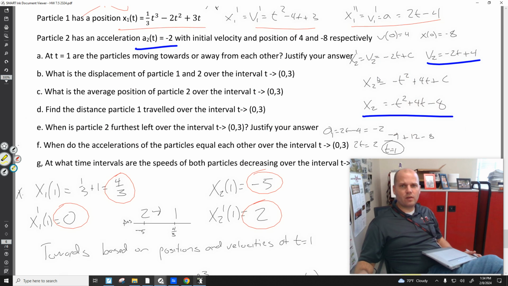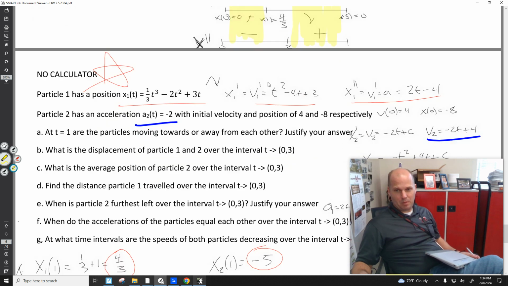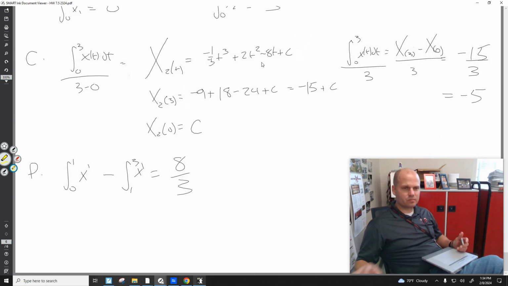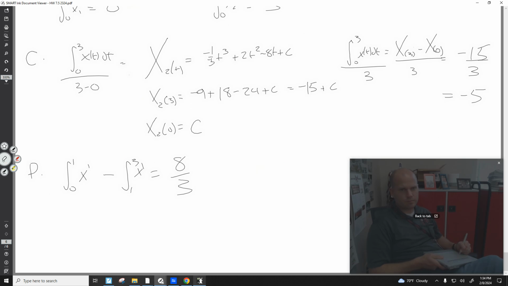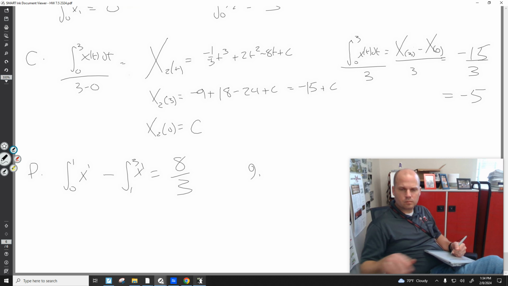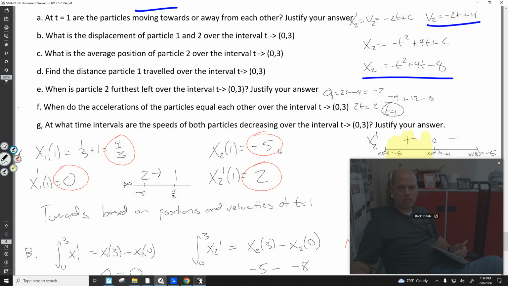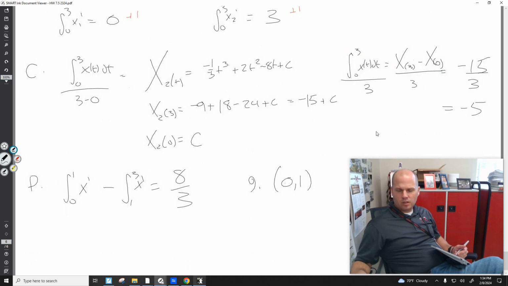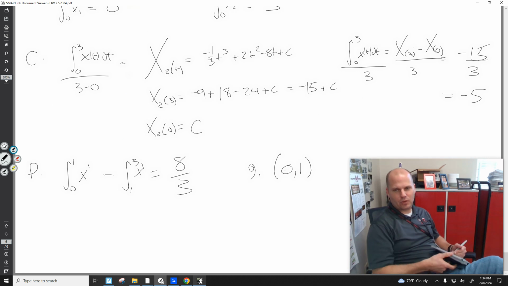When are both of them decreasing? 0 to 1 is when they both are decreasing. What is your response? What is your reasoning? What's your justification? The signs of V and A are opposite for both during that interval.